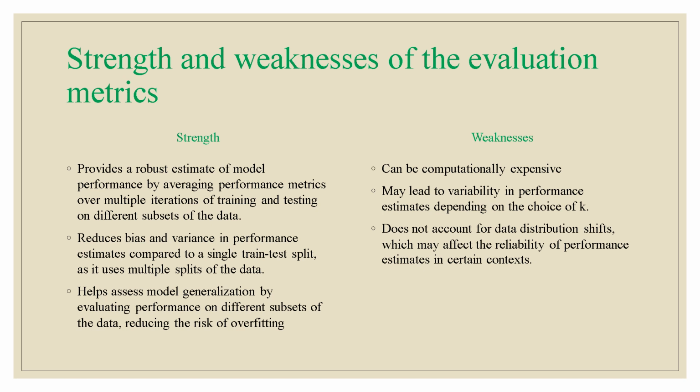And talking about the weaknesses, it can be computationally expensive, and it may lead to variability in performance estimates depending on the choice of K. Also, it does not account for data distribution shifts, which may affect the reliability of performance estimates in certain contexts.